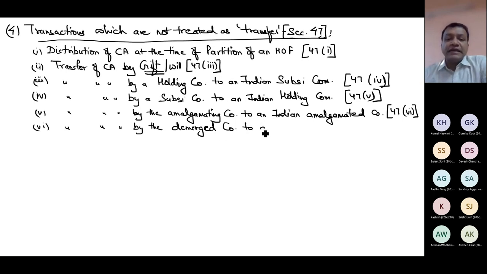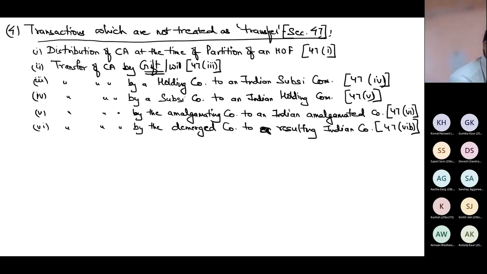Demerged company to an Indian resulting company. The new company must be an Indian company. 47 clause 6b.